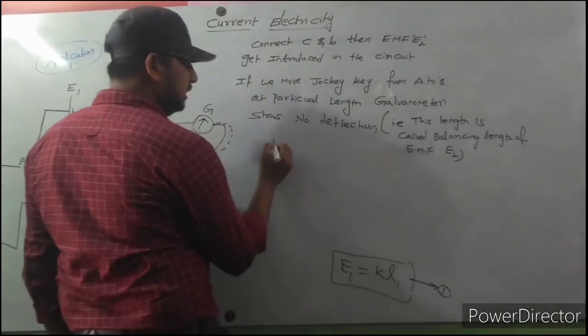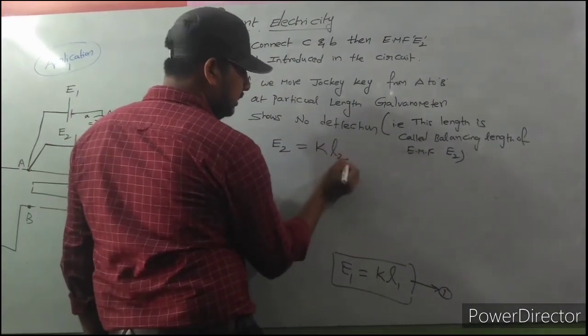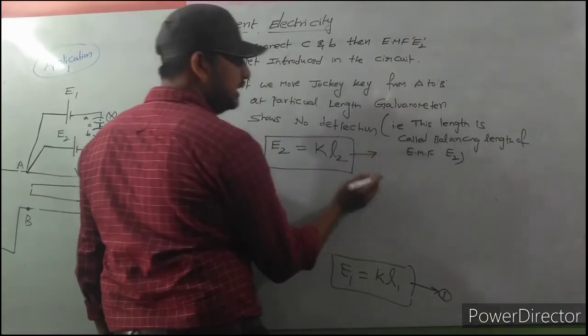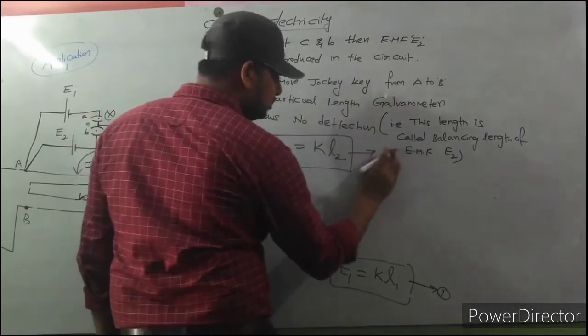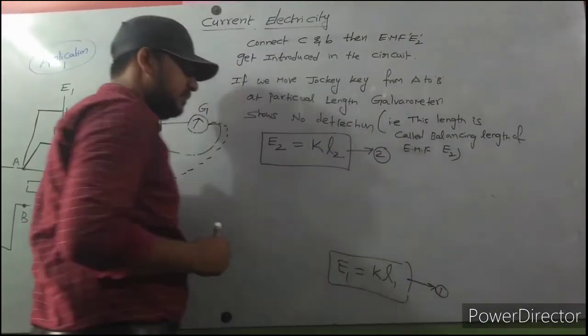I consider that balancing length as some L2, so E2 is equal to K into L2. This is the second equation.